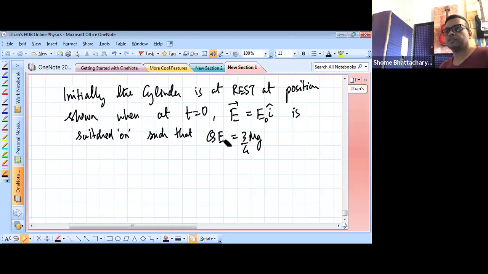Actually, forget this. We don't need to relate it with mg. Now assume sufficient friction to prevent slipping.